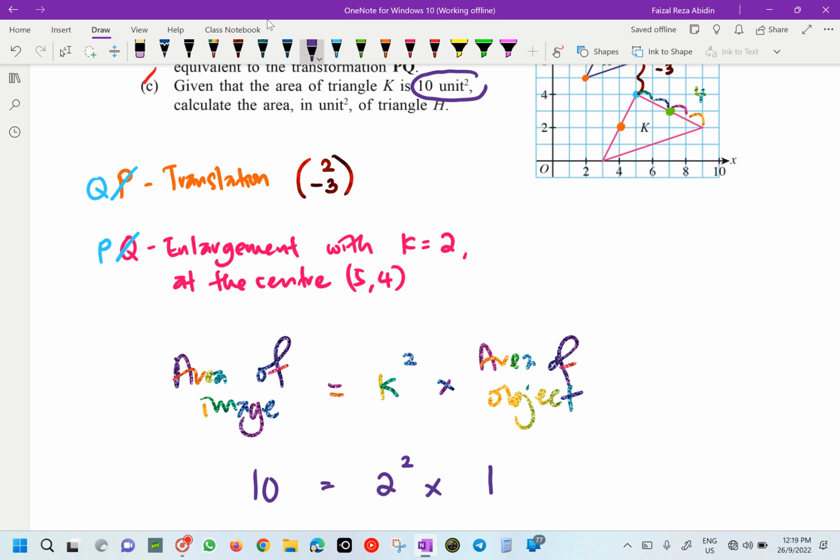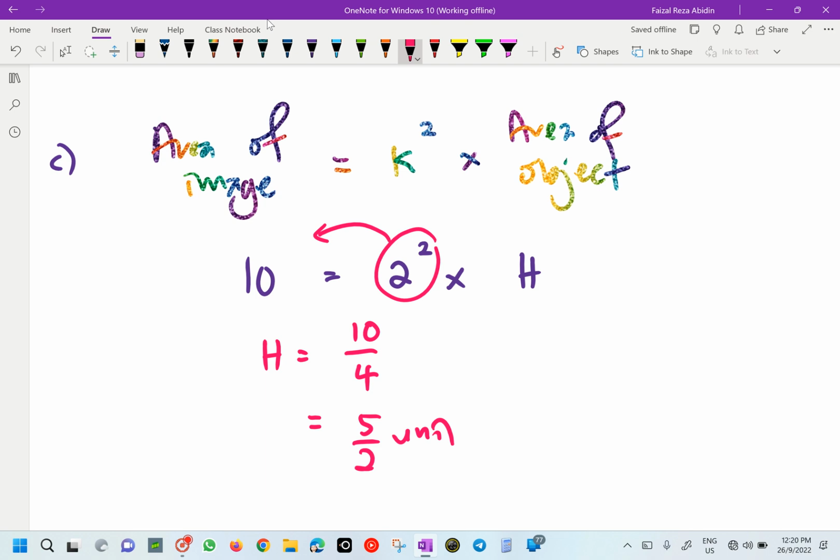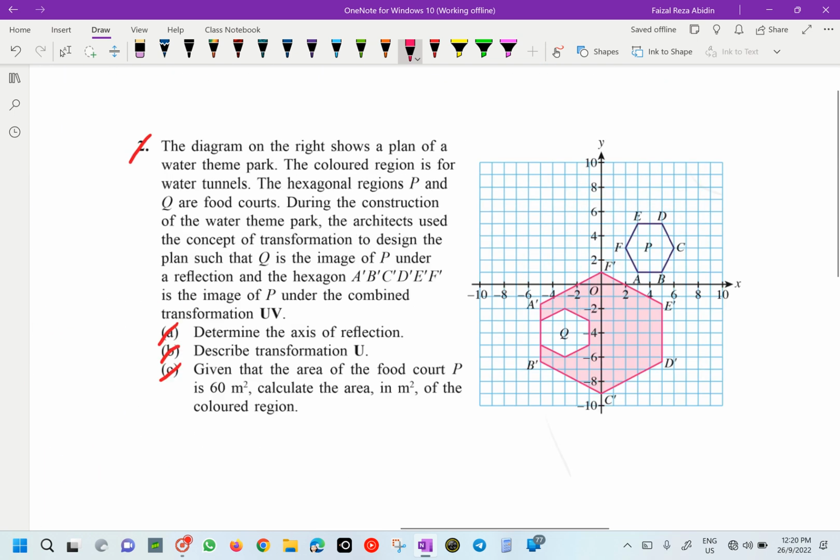No, that is what we are going to find, H. So multiply, 2 square bring to the left side. You are going to get H is 10 over 4, or 5 over 2 unit square. Done. Okay, next, number 2.